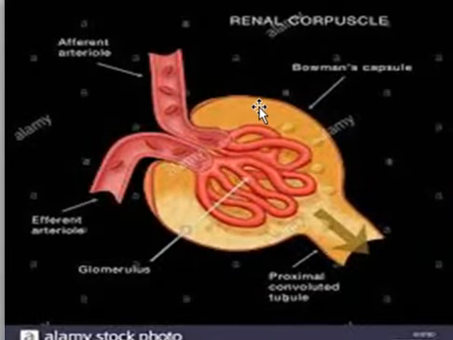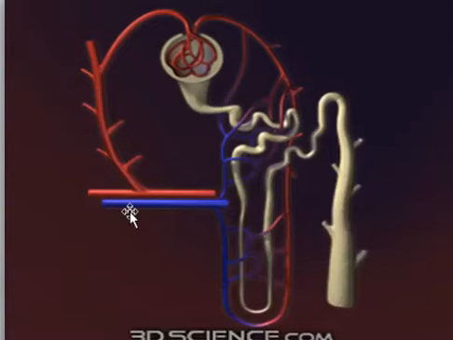This is what we call the renal corpuscle, and 75 to 80% of these corpuscles are located in the cortex, so the cortex looks darker than the medulla. The other part is the renal tubule, which transports urine after filtration.